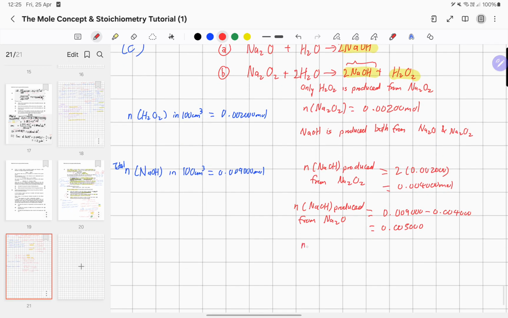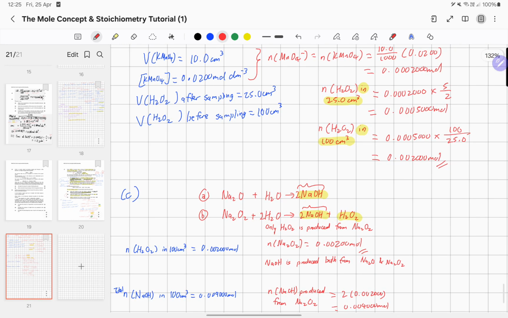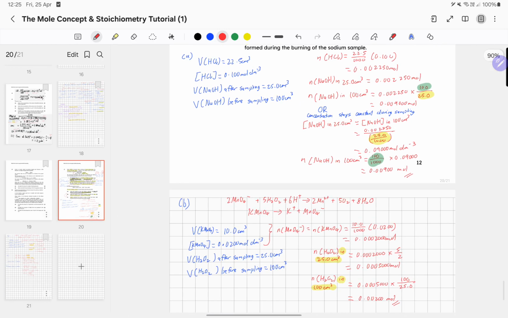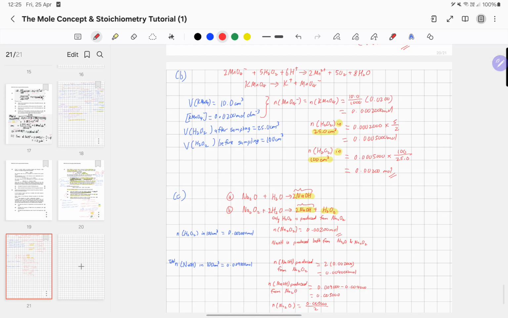Okay, and then when you want to calculate the number of moles of Na2O, you will just take this divided by 2. This gives you 0.00250. Actually, you just need to round it off to 3SF. So you get these as your final answers. Okay, keeping in mind that your final answers should be rounded off to 3SF. Okay, and that is for part C.